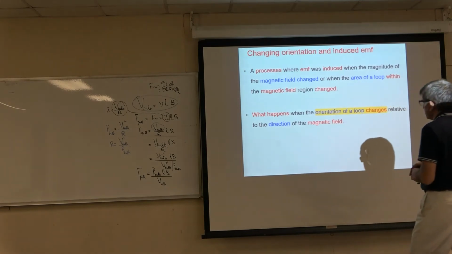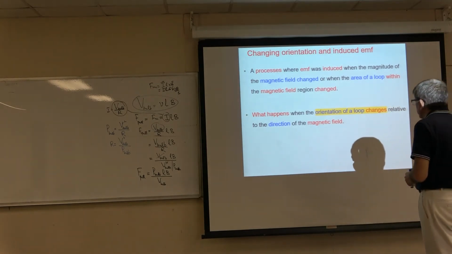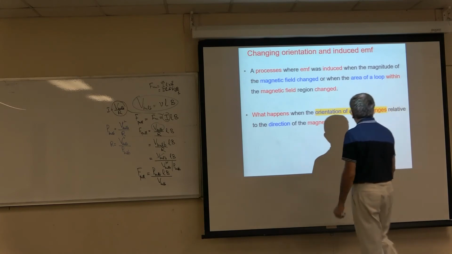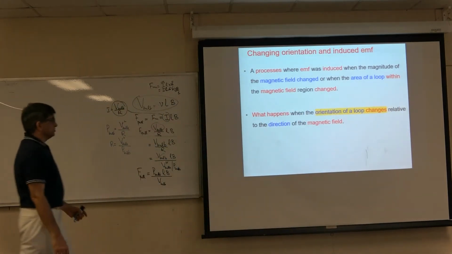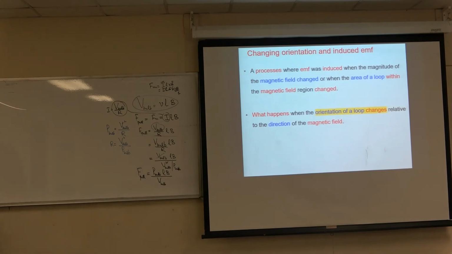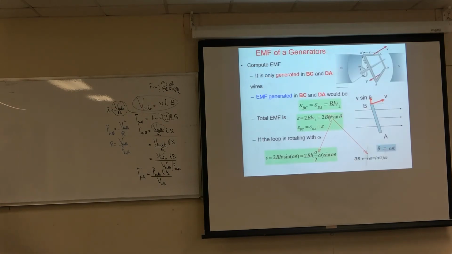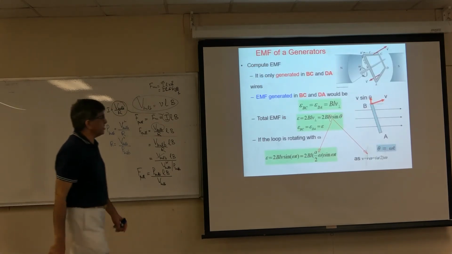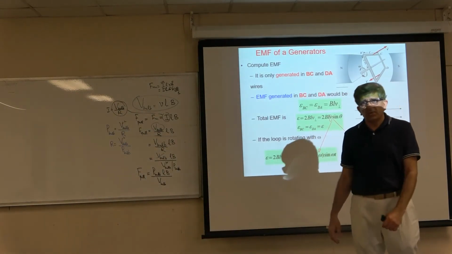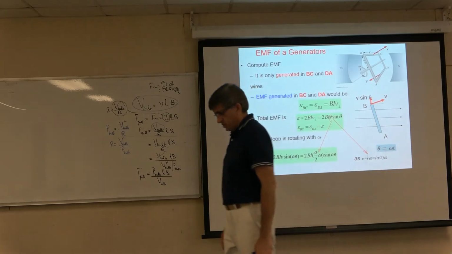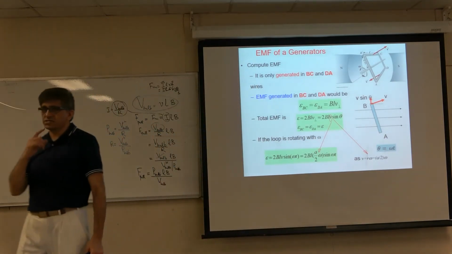Alright, now let's see what happens when the orientation of the loop is changed relative to the direction of the magnetic field. So we can change the orientation of the loop. That will lead to a very important implication, which is the generators, the generator which generates the current.